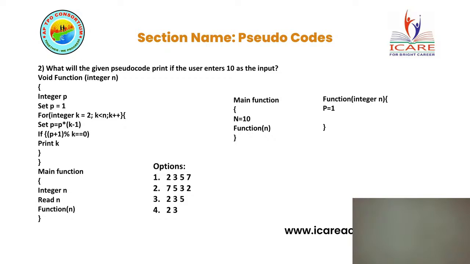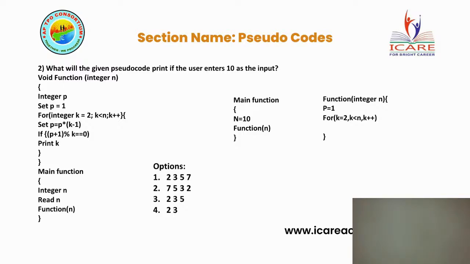We all know that a for loop has three parameters: initialization, condition, and updation, which is either increment or decrement. Here k plus plus is the increment, which is the updation.